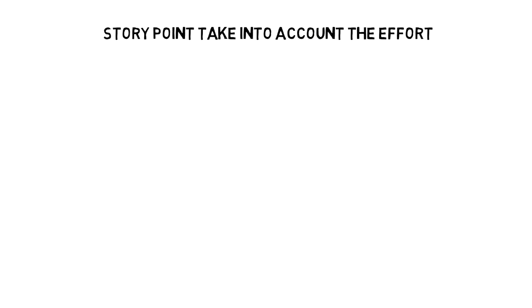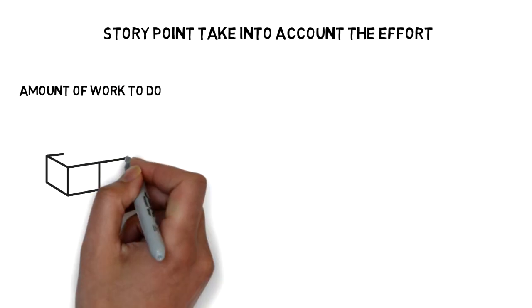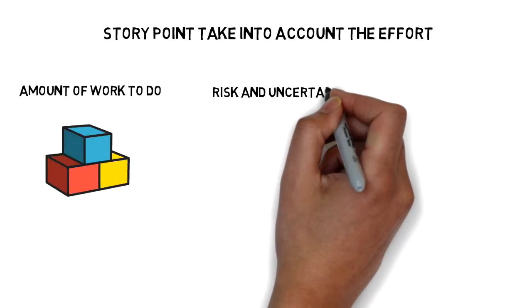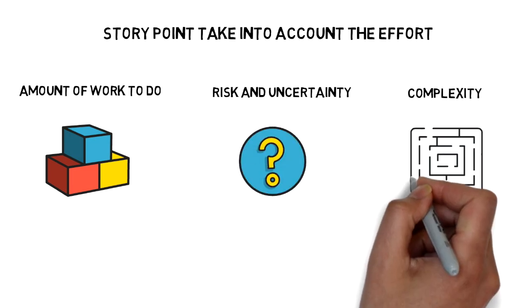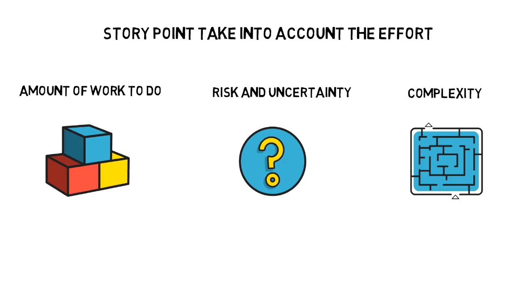As explained earlier, story point estimation takes into consideration the effort needed to accomplish a task. An estimate of the effort involved can be influenced by the amount of work to do, the risk and uncertainty, and the complexity. In terms of amount of work needed, consider the task of folding papers in two.